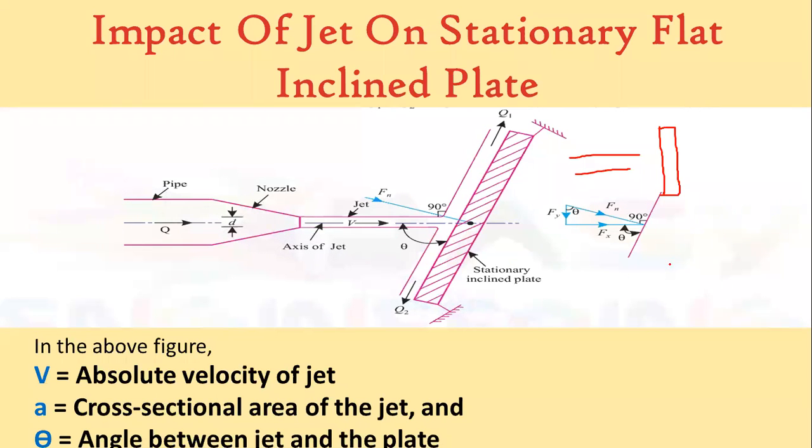Okay, but when we find out force, always keep this in mind. One thing about force is that force always acts normally. Do you know this point? Force on any object will always act normally.